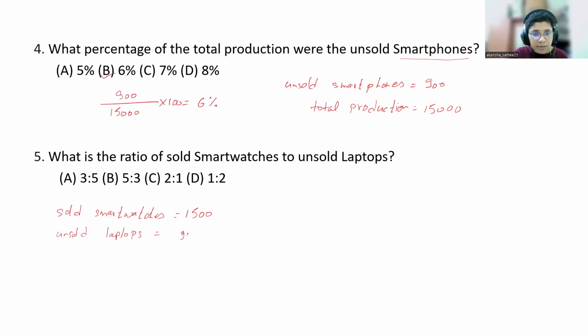How do we compute ratio? Sold smartwatch is to unsold laptop. So 1500 is to 900. You have to divide them. So 1500 divided by 900. 100 will get cancelled. 15 and 9, then 5 and 3. It is 5 is to 3. So option B is correct.